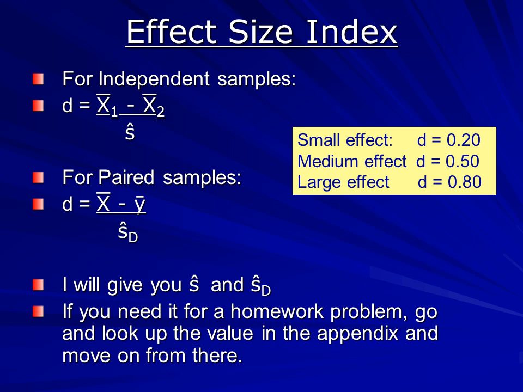Adverbs don't really mean anything here. When you say very large, it's either large, small, or medium. That's kind of it. So I want you to memorize these 0.2, 0.5, 0.8s because that's one of those things I want you to remember from this class.